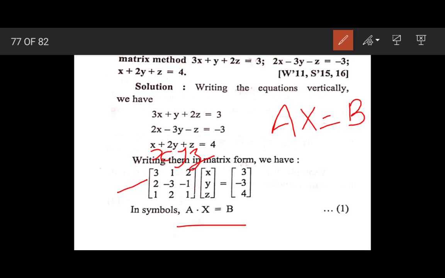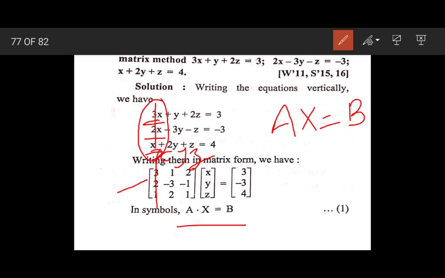Now in the first, second and third equations, you have to take only the numbers. In the first equation with x, the number is 3. In the second equation with x, the number is 2. In the third equation with x, the number is 1. So what comes in the first column, the x column? These numbers: 3, 2, 1.